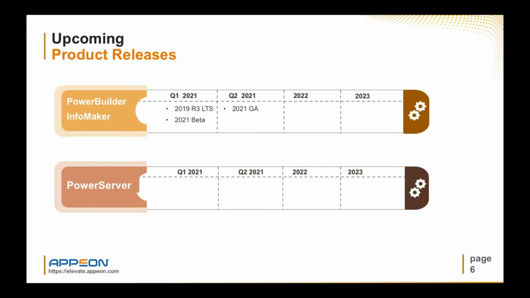You may note, we do not plan to deliver revisions of this major version. So after version 2021, you should expect version 2022 and then revisions of 2022. With PowerServer, we plan to annually release MRs of version 2020 and simultaneously deliver the version that supports desktop cloud apps, version 2021, version 2022, and so on.